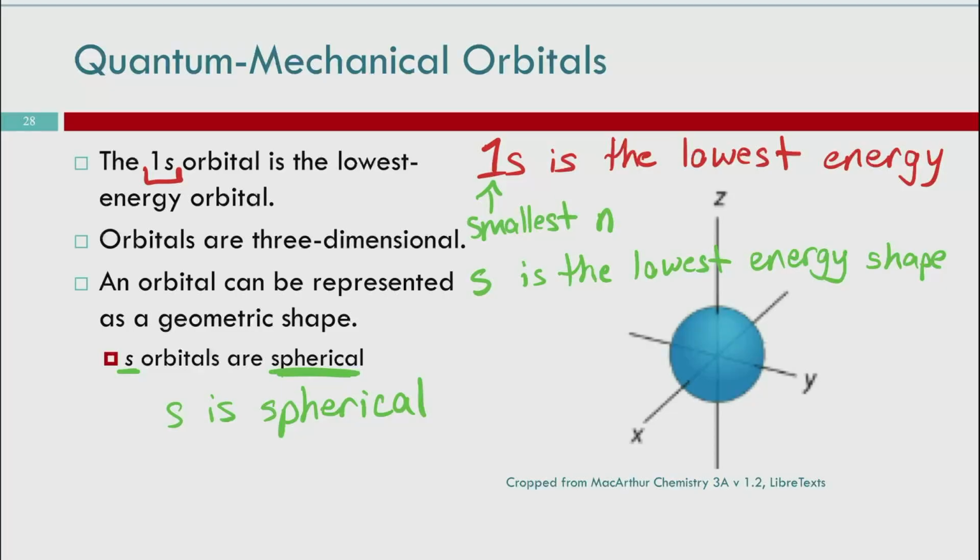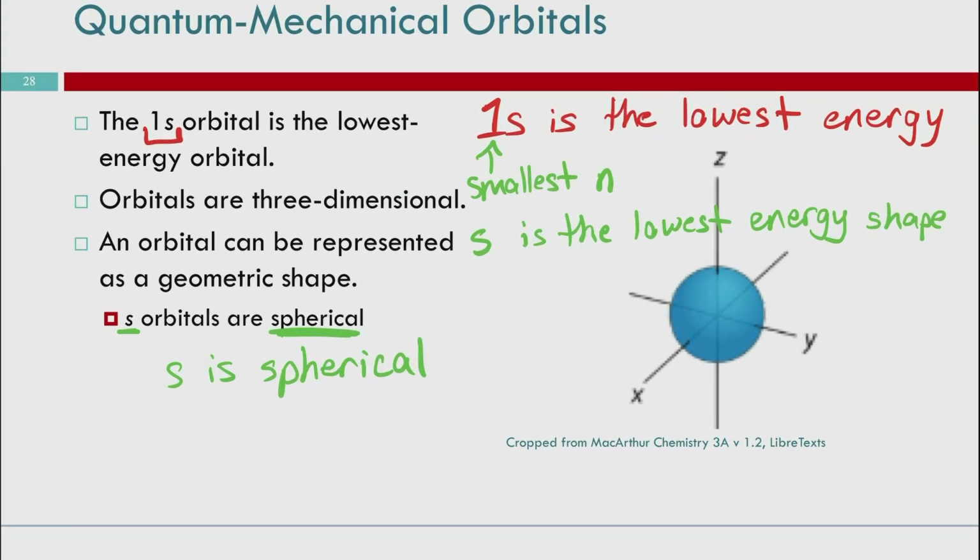And most of the time, in this three-dimensional ball, our electron is going to be inside of that shape. The larger or smaller size that you make that shape increases or decreases the probability. We're not worried about that. You should just know 1s is a sphere. It's the lowest energy of our orbitals.